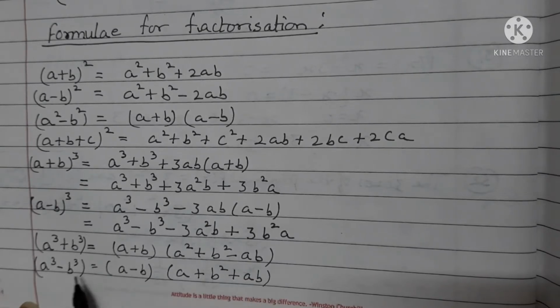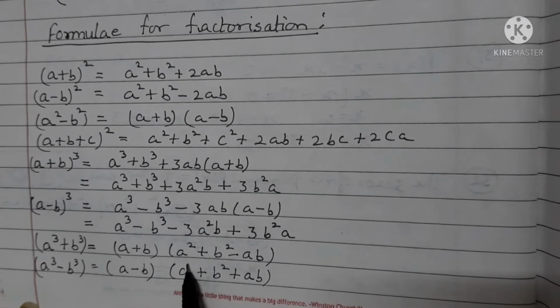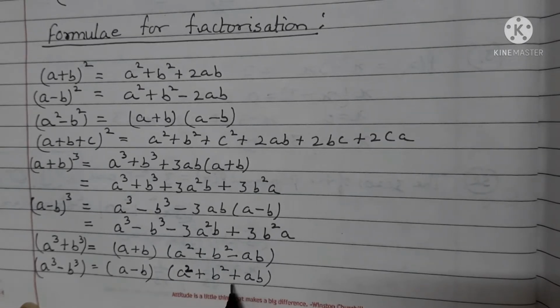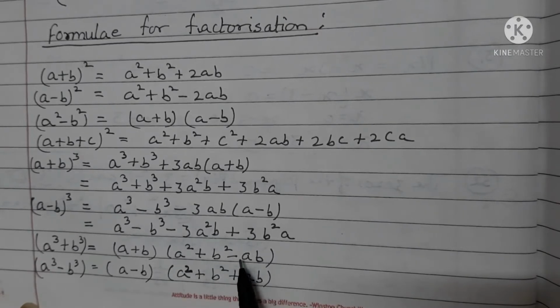And notice another main point: a cube minus b cube equals a minus b times a square plus b square plus ab. So the signs are different. Here there are 3 terms, but one term has a different sign, here plus and here minus, and this is the formula for plus, this is a minus, but opposite signs are present.